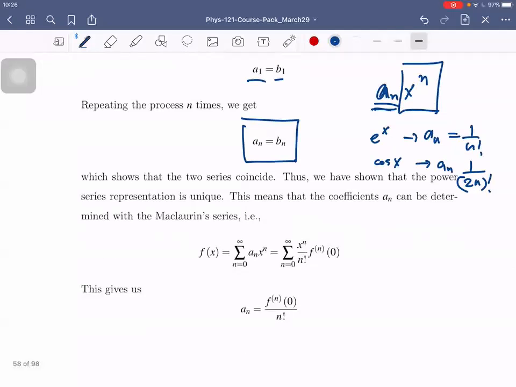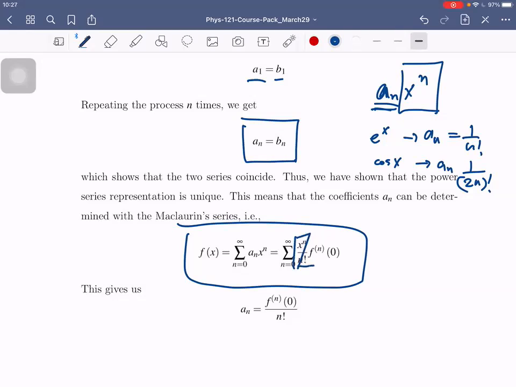Okay? So, if we write, halimbawa, this particular series, kahit hindi nyo tandaan, or kung nakalimutan nyo na, this particular term is actually from exponential. Tama? So, halimbawa, we have this particular expression, we can show na yung a sub n natin is just equal to the nth derivative evaluated at 0 over n factorial.